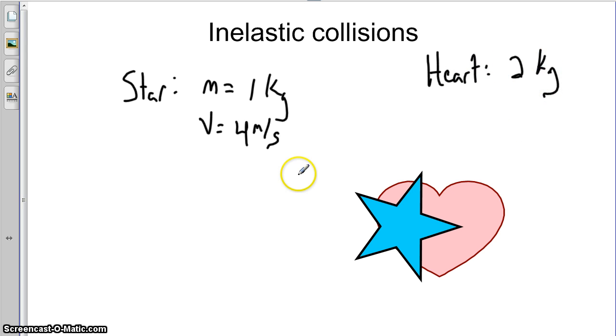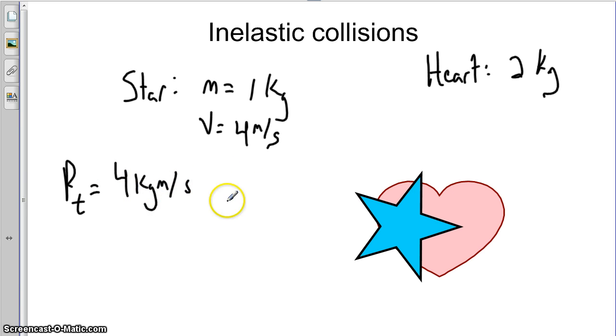Before the star hit, the total momentum, and it's just a one-dimensional problem, was 4 kilogram meters per second. What that means is after the collision, the total momentum still has to be 4 kilogram meters per second.